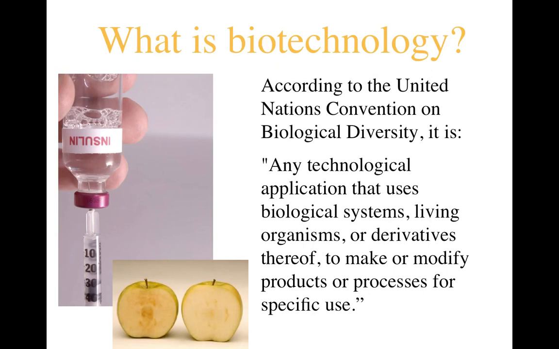But researchers figured out how to turn that enzyme off, how to make it not break down the sugar, so that when you cut up an apple, it doesn't turn brown. They were thinking consumers would like that apple better because a lot of people get freaked out when their apple's brown. So they genetically engineered the golden apple so when you cut it open, it doesn't turn brown for a very long time.